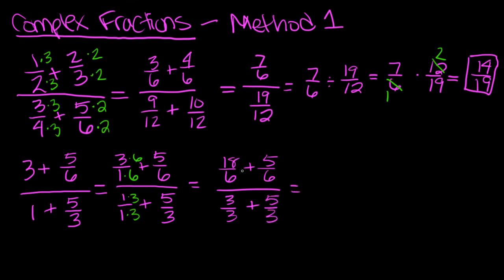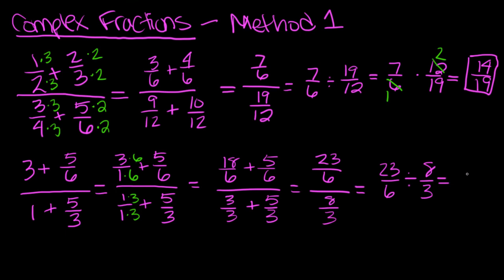And 18 plus 5 is 23 over 6 over 8 over 3. 23 over 6 over 8 over 3 is equivalent to saying 23 over 6 divided by 8/3.